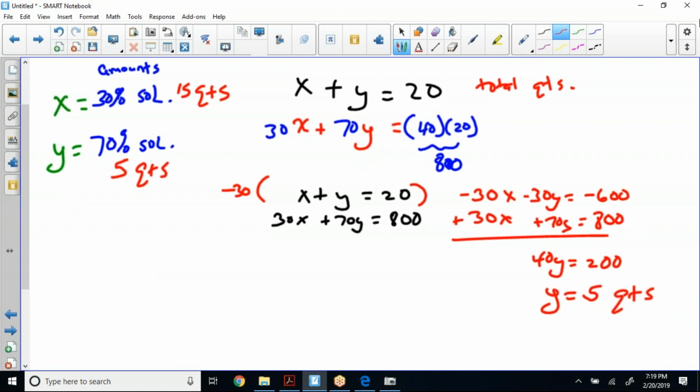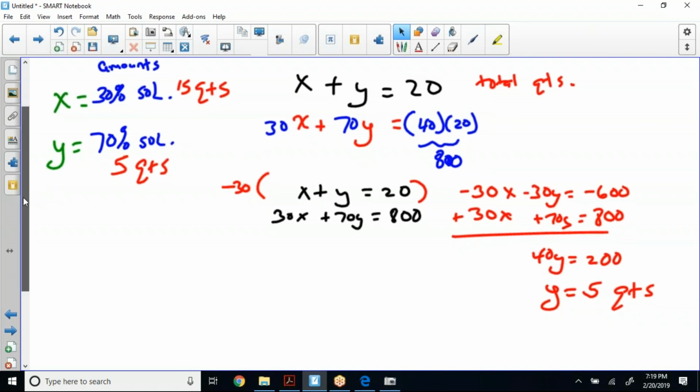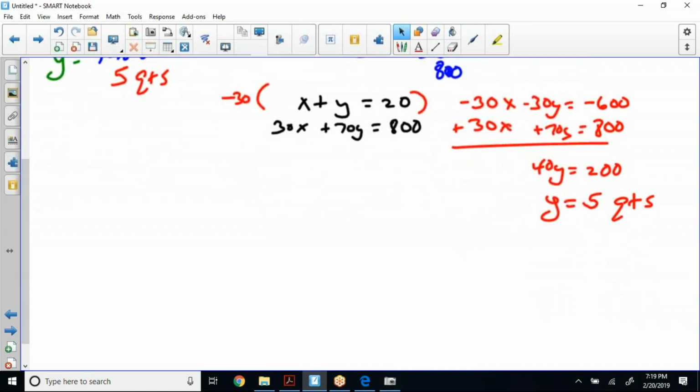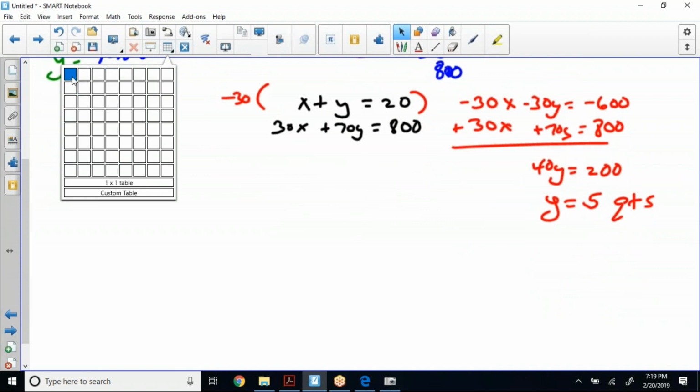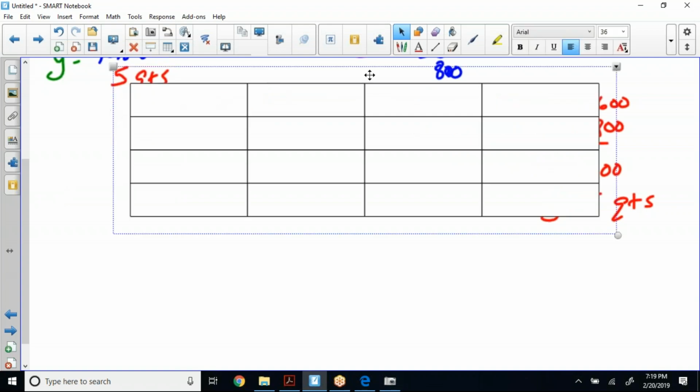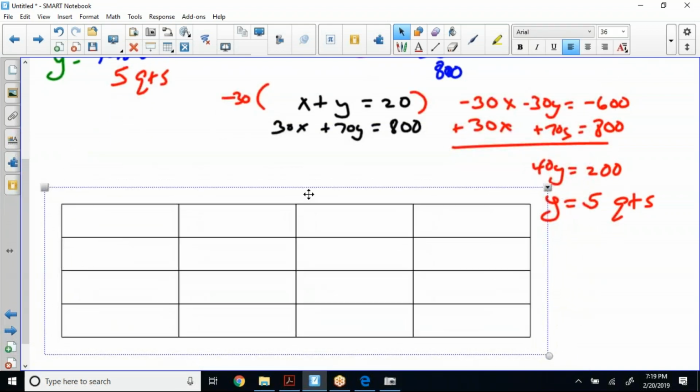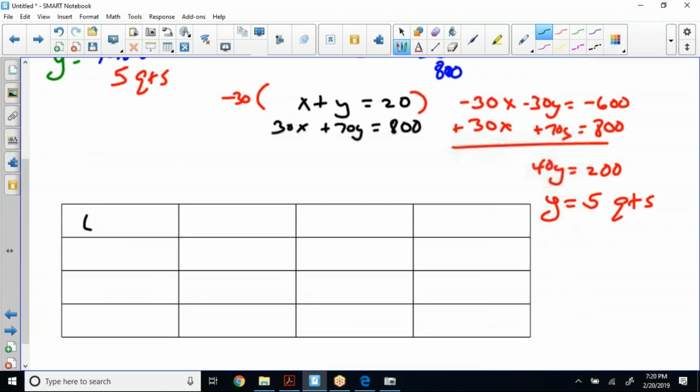Now, let's do this thing again, but this time with a table: item, amount, percent, total. With the tables, I do this. Item, amount, and of course that's in quarts, and then percent solution, and then totals.